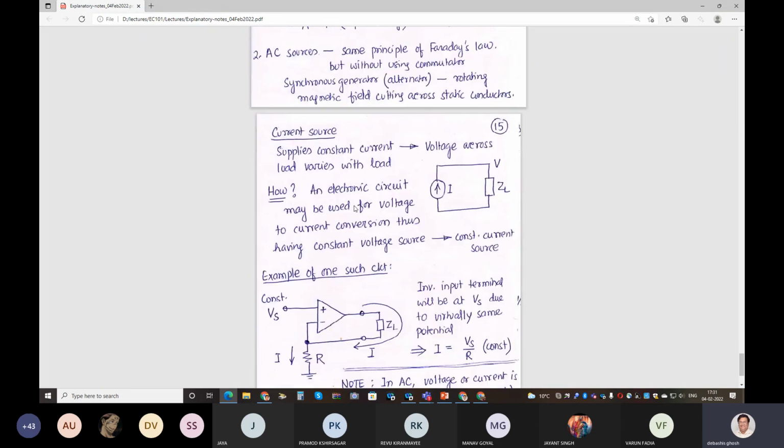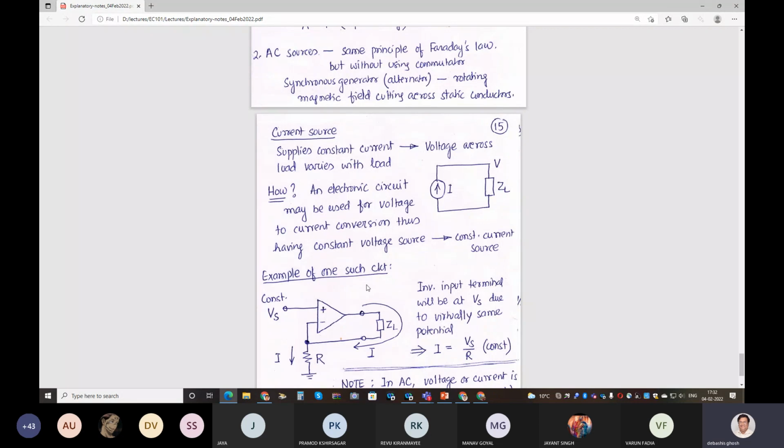How? By using an electronic circuit which will do voltage to current conversion. The current will be proportional to the voltage in such a way that if your voltage source is supplying constant voltage, the output will also be constant current. Okay, that is what we want. So that output, now I can say, is my current source.